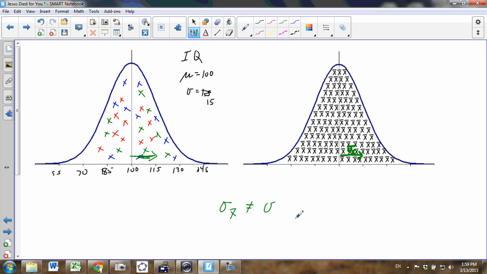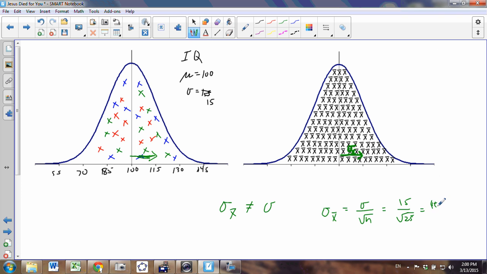And the way it actually ends up working is that that standard error ends up being the standard deviation divided by the square root of the sample size. So if we took samples of 25, then the standard deviation we said was 15, and the square root of 25 would be 5.